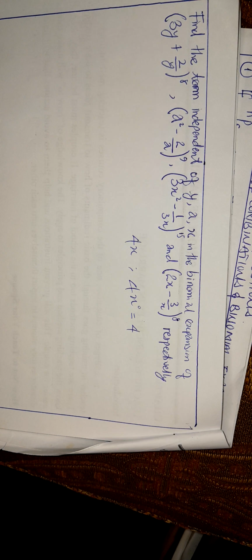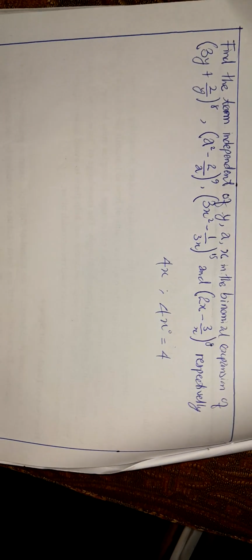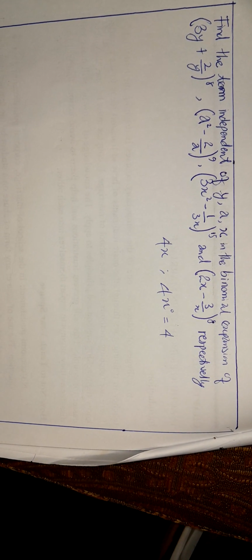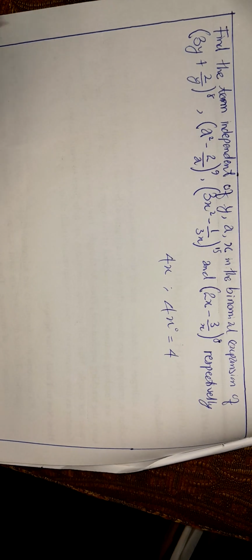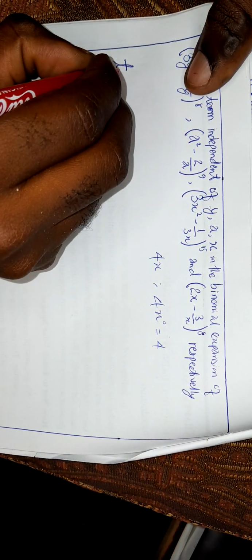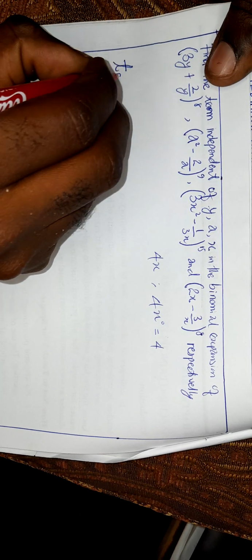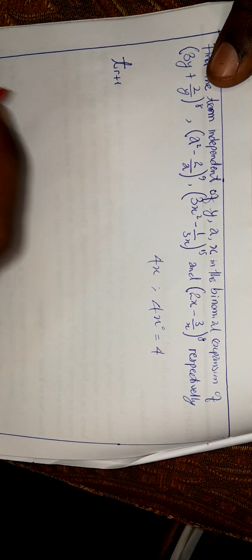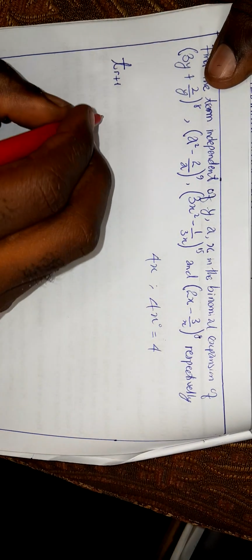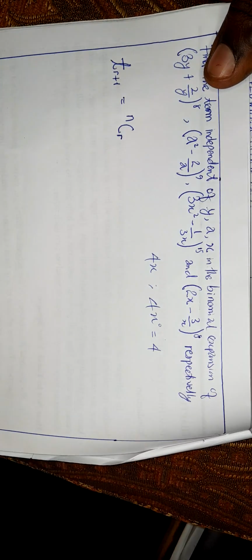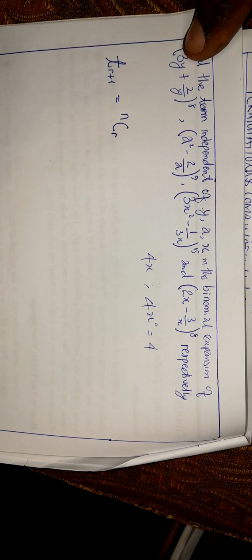All right, so right away we're going to be solving, and I want you to take note of what I will be saying. Assuming we have T base r plus 1 equal n combination r. I'm going to solve.